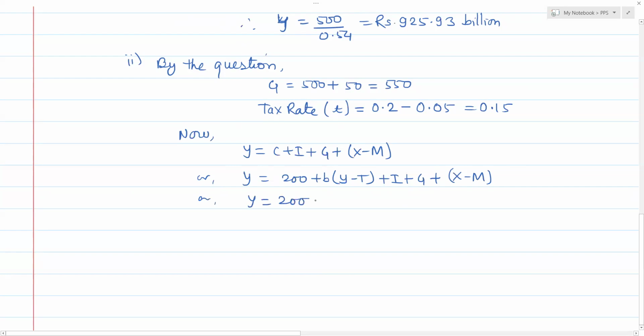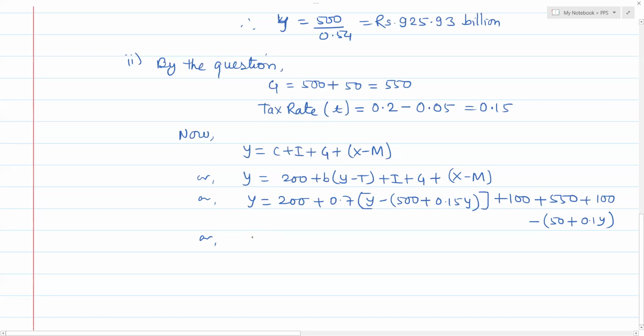Y is equal to 200 plus 0.7 times (y minus (500 plus 0.15y)), plus I is equal to 100 and G is equal to 550, plus export is again 100, and minus 50 plus 0.1y. Okay, so these are the values.